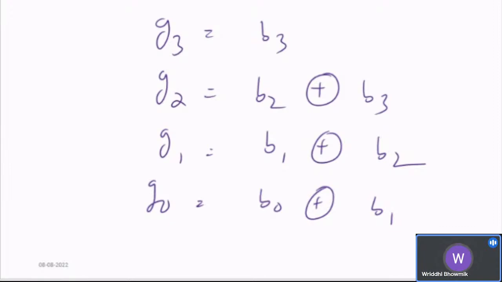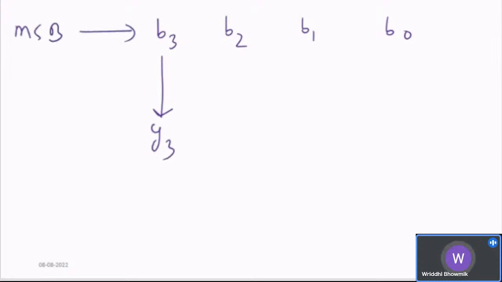Okay, I will show you again. Now B3, B2, B1, B0. This B3 is directly converted to G3. This is the MSB, most significant bit, in binary, and this is the MSB in gray code. So you have to keep the MSB as it is in binary and gray code.